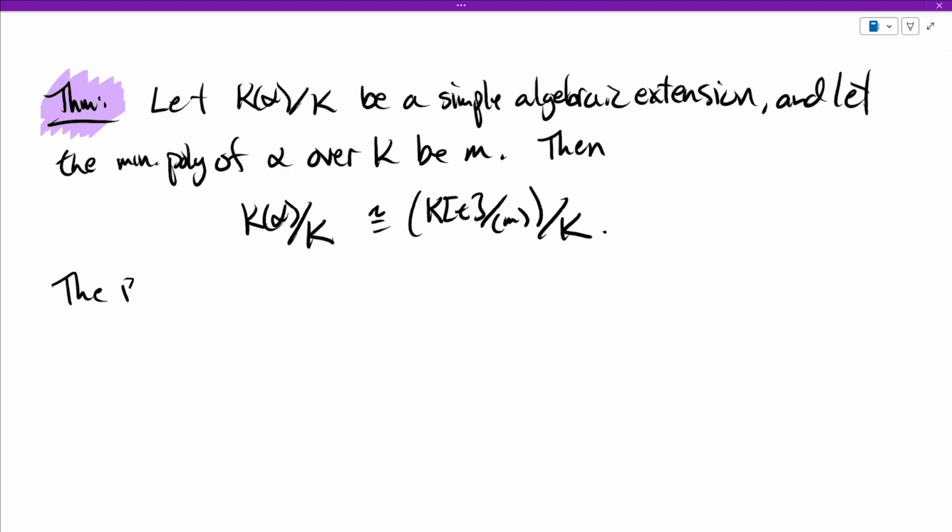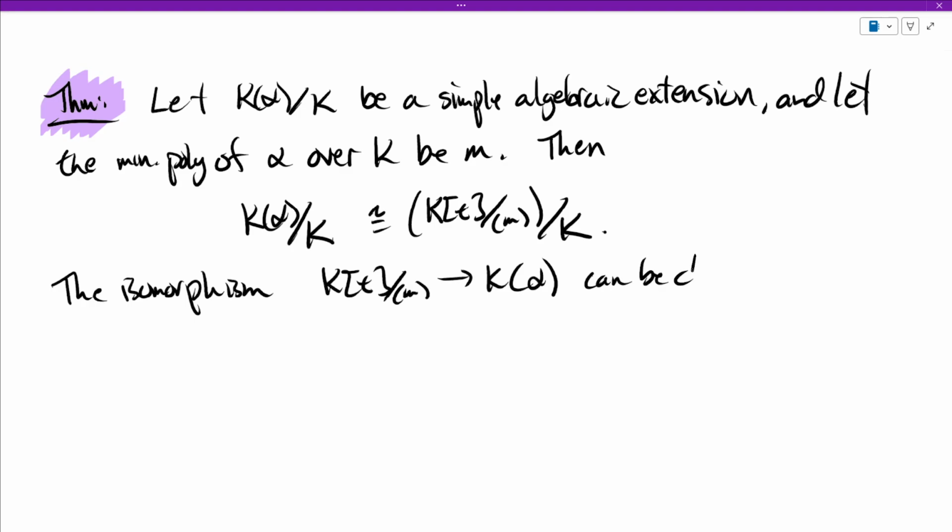The isomorphism from k adjoin t mod m to k adjoin alpha can be chosen to map t to alpha and the identity on k.